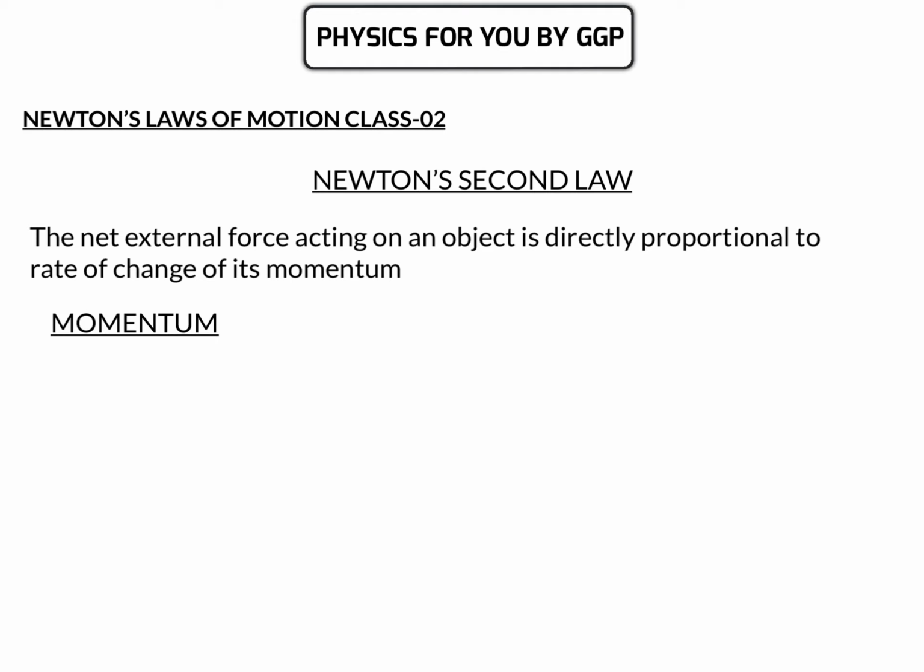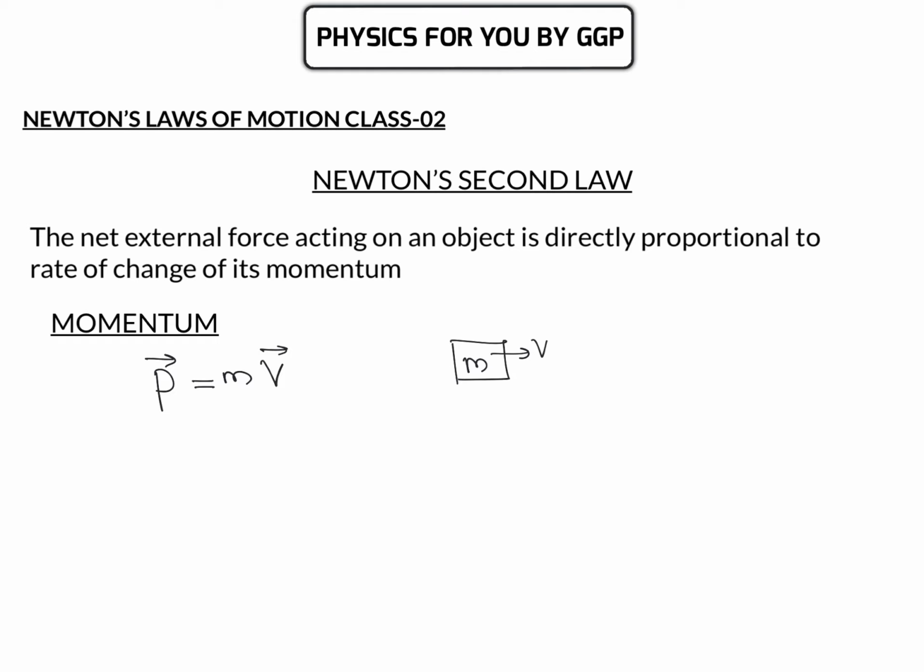The term momentum, in general represented by the vector p, is the product of the mass of an object and its velocity. If an object of mass m is moving with velocity v, its momentum is the product of mass into velocity. As it is a vector quantity, the direction of momentum is along the direction of velocity.